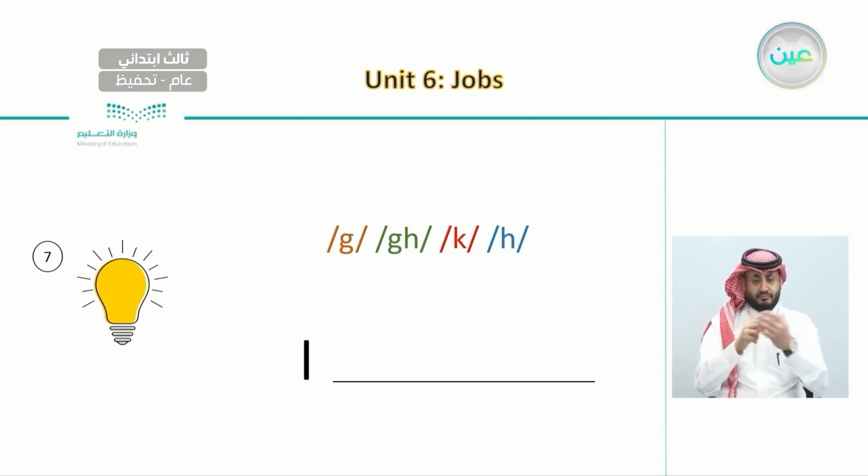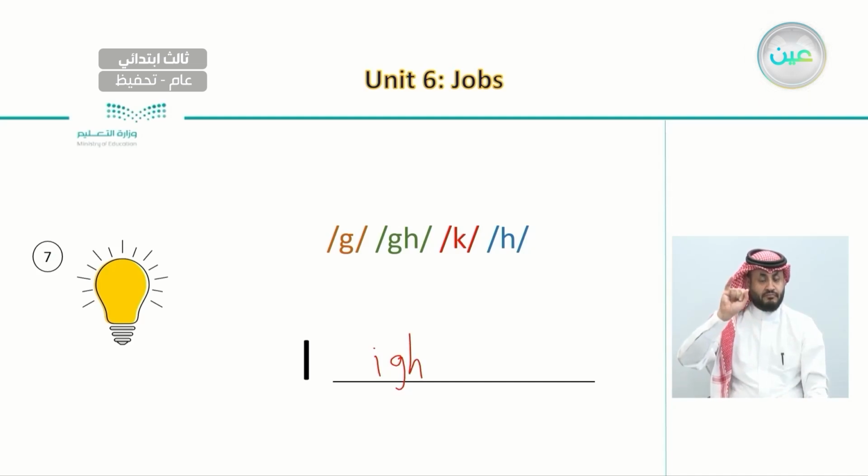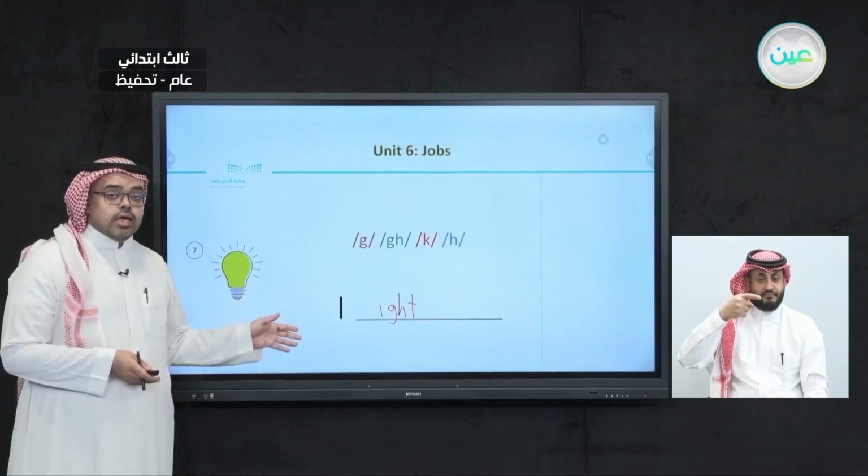So, have a look at this picture, and by looking to this letter, letter L, let's think of what this word might be. It is, of course, the word that we learned last lesson, which is light. Repeat after me. Light.